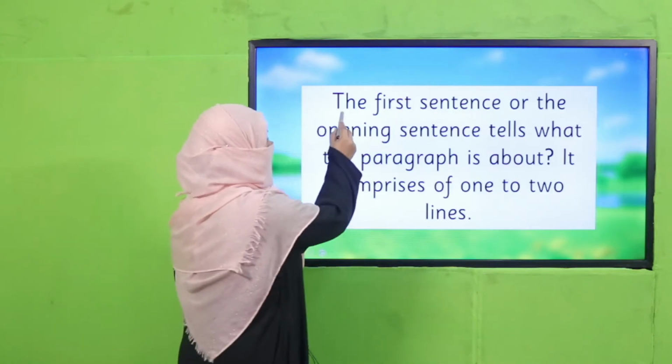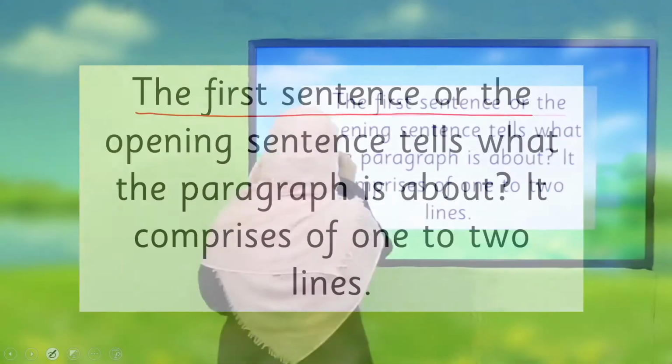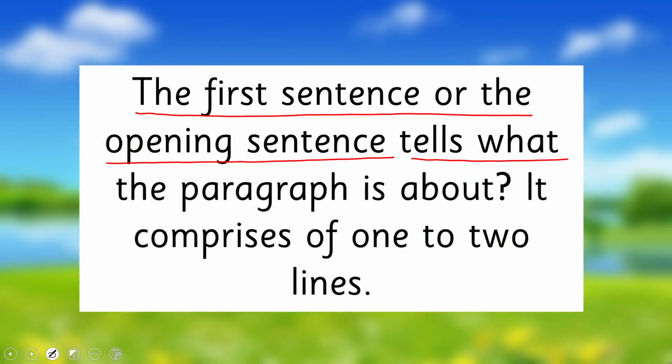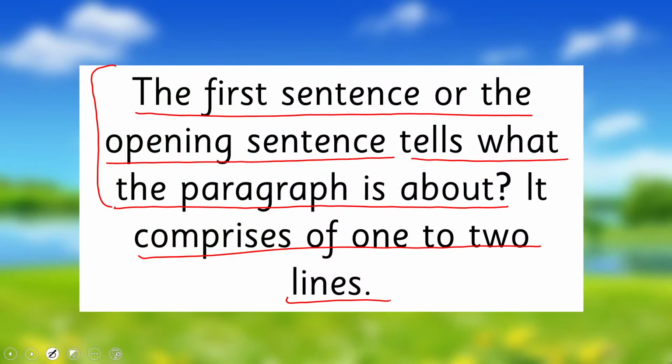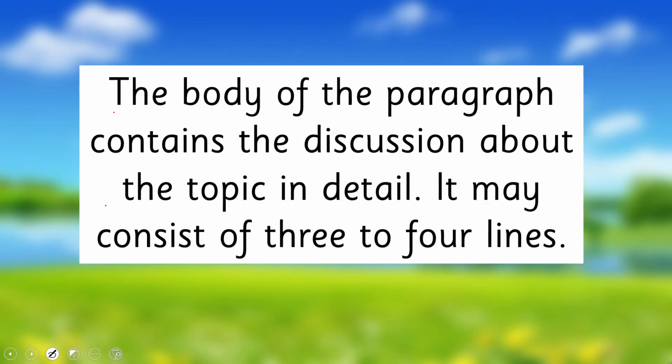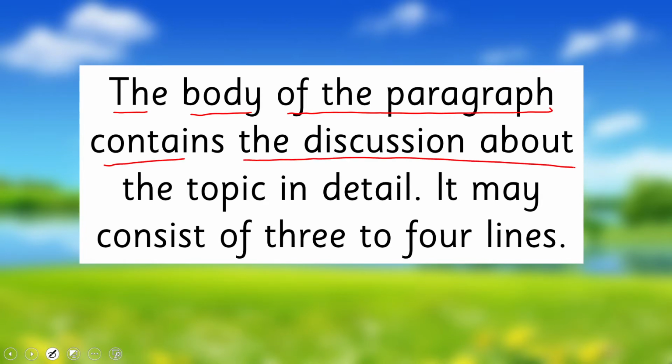So the first line, the first sentence or the opening sentence tells what the paragraph is about. It means when we are writing a paragraph, in the first sentence we should mention what this paragraph is all about. And it may comprise 1 to 2 lines. Okay. And the next step is the body of the paragraph, which contains the discussion about the topic in detail.